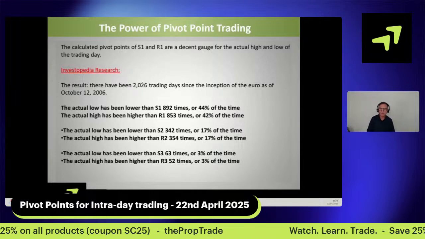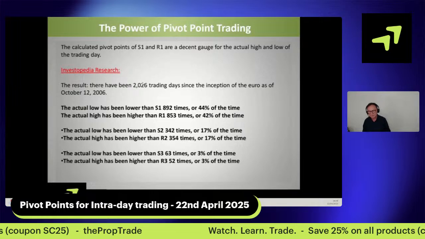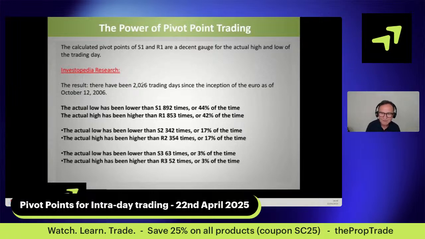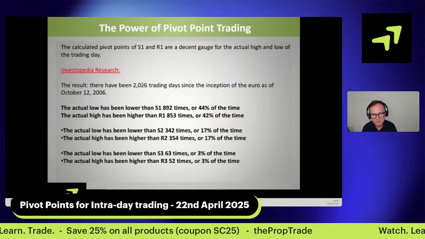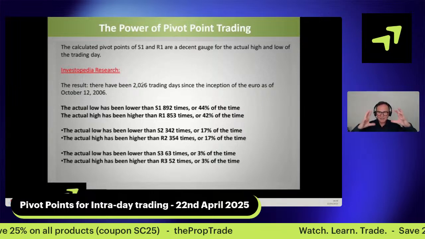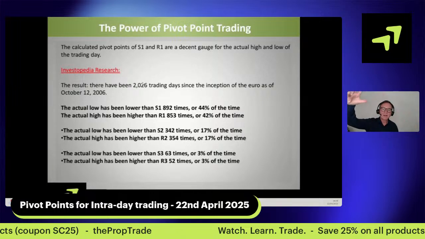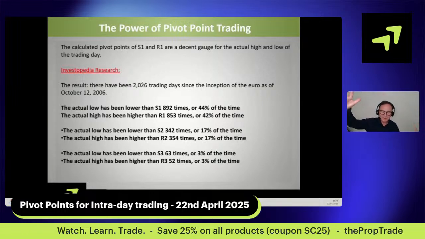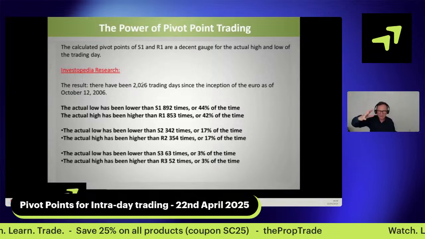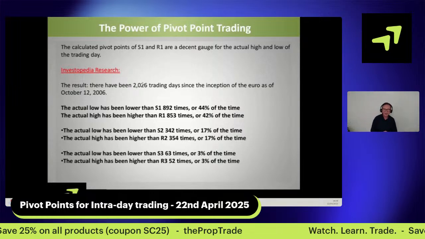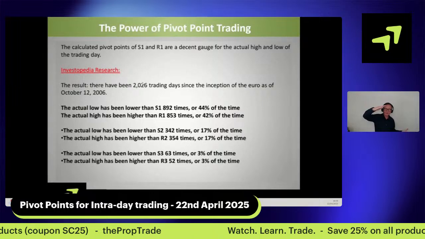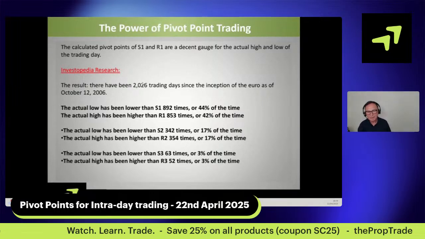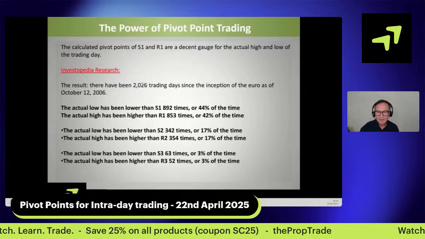So 853 times out of 2026 times, the actual high of the day was above R1 42% of the time. So you see that's a key area. We're capturing a lot of the price action, as by its very nature you'd expect that the area between the pivot, R1 and S1 captures a lot of the action.